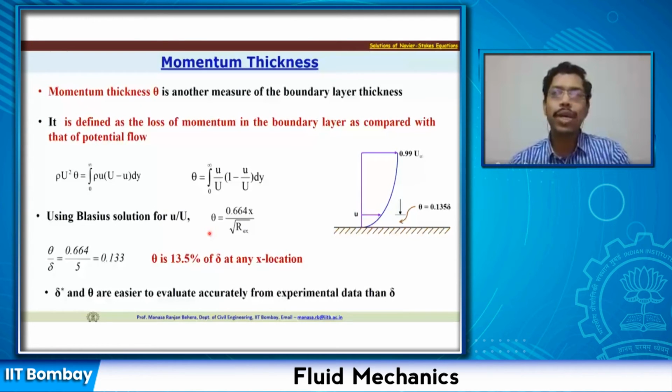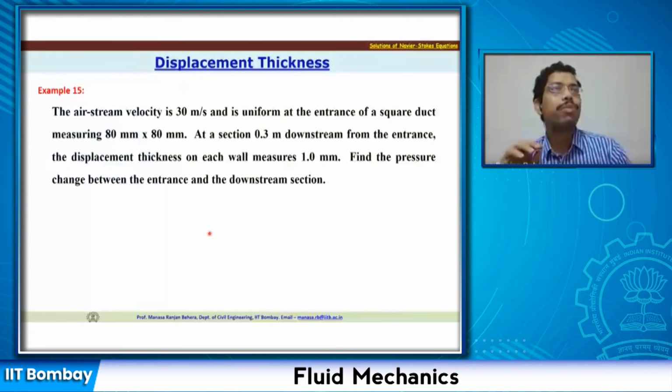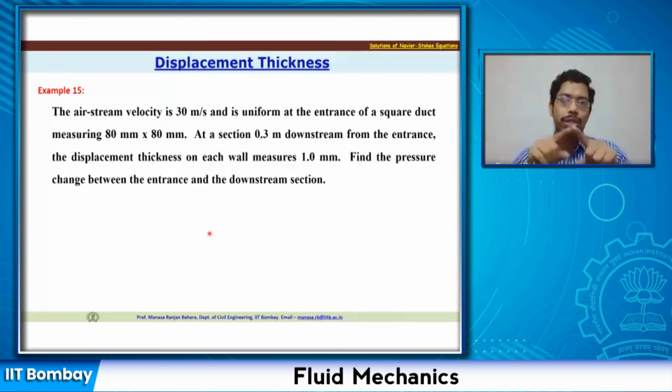Now let us look at a simple problem applying this displacement thickness or momentum thickness. This is a problem which says the airstream velocity is 30 meter per second and is uniform at the entrance of a square duct. You have a duct through which the flow is passing with a velocity of 30 meter per second and is uniform.